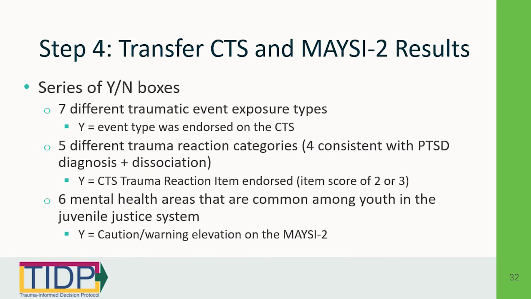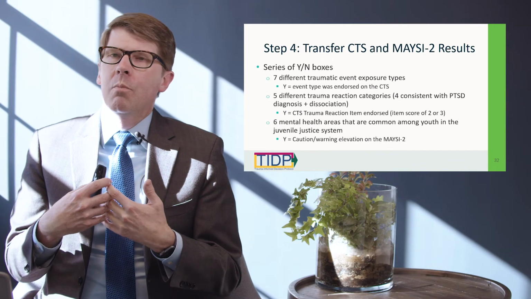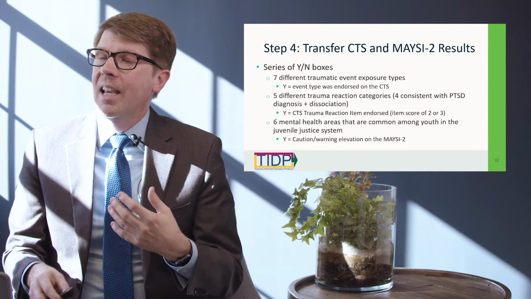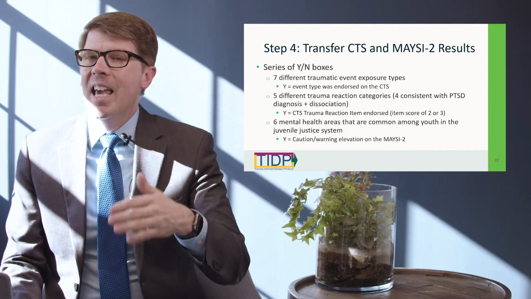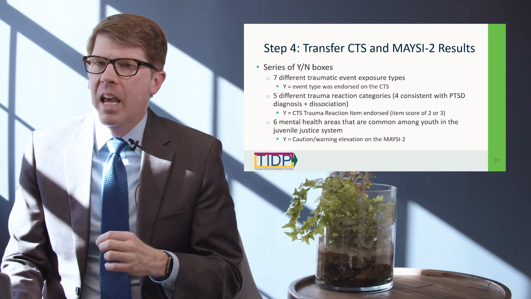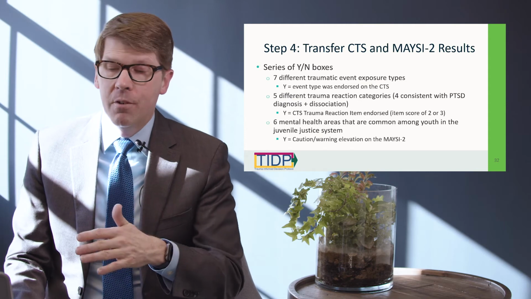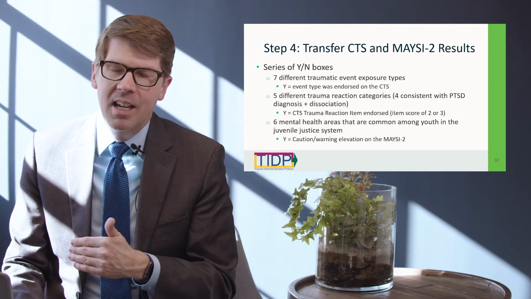And we'll be walking through and thinking about how you're going to be transferring these results in a moment. But just to take a step back, on the 7 different types of traumatic event exposures, you are going to be looking at your CTS results and the yes items that were endorsed on the traumatic events section and identifying correspondence with the 7 different categories on the TIDP.